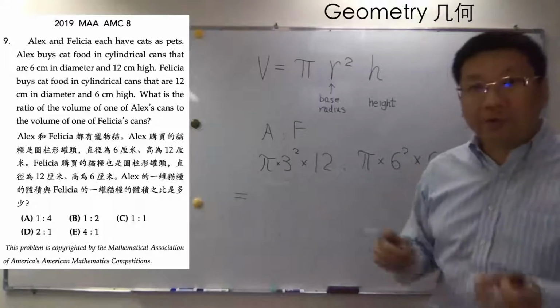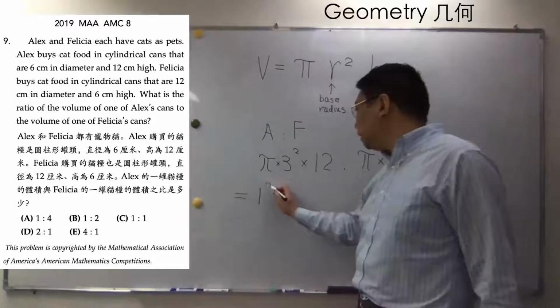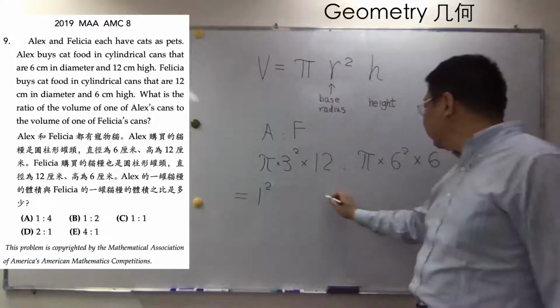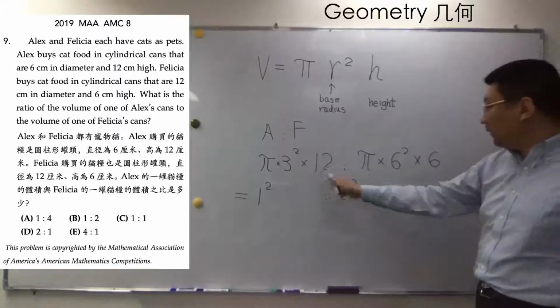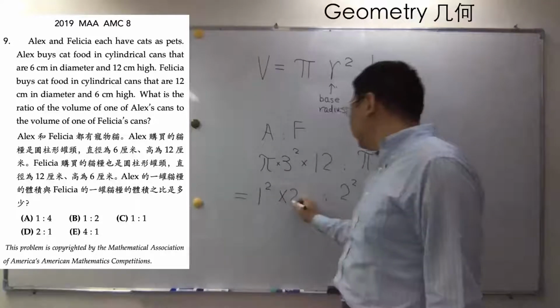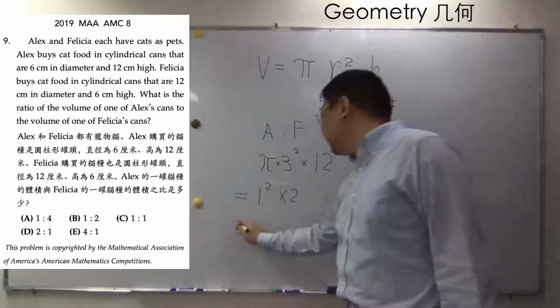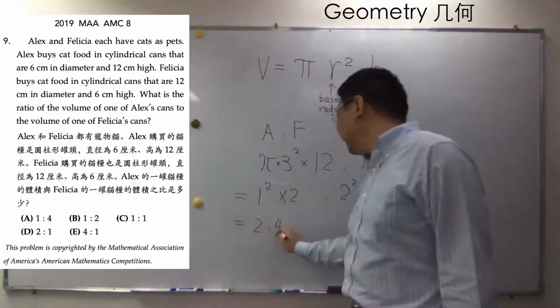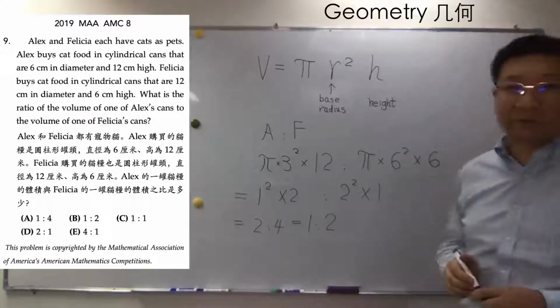That is 1 to 2. So now you can change this 3 squared to 1 squared, and then here 6 squared to 2 squared. Next, the height is 12 versus 6, which is 2 versus 1. So then times 2 times 1. Now things are easy to calculate. 2 over 4, which is 1 over 2. That question is finished.